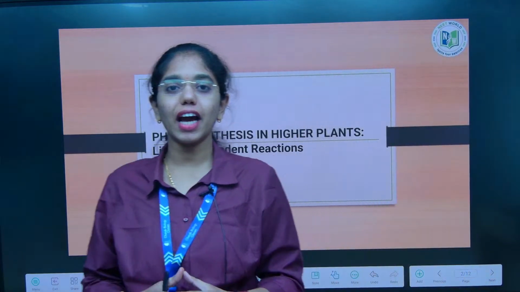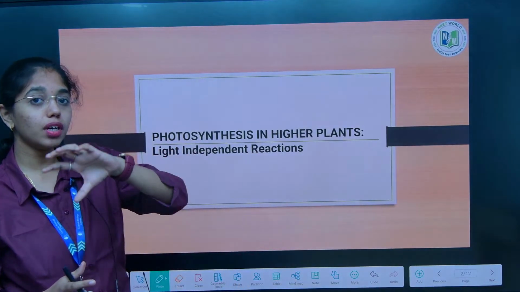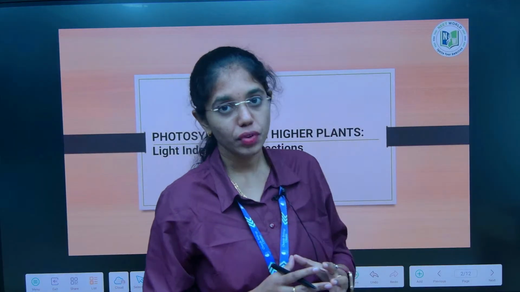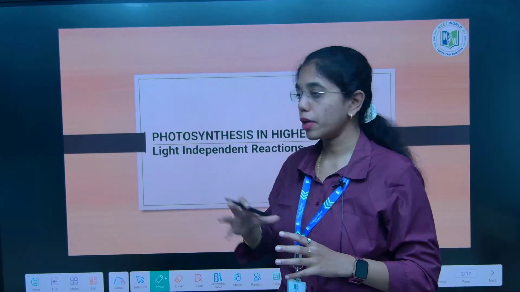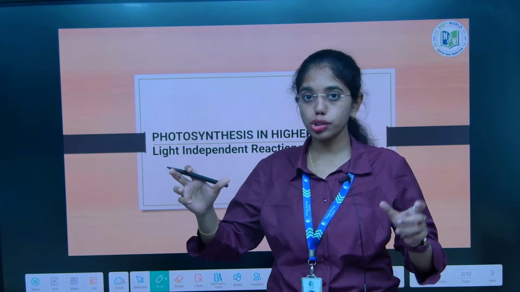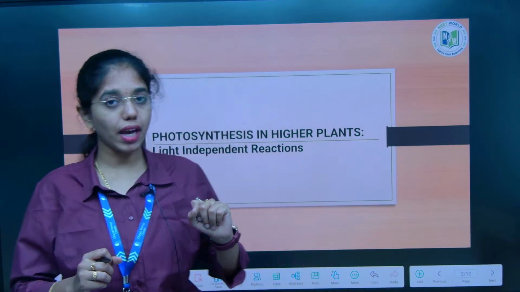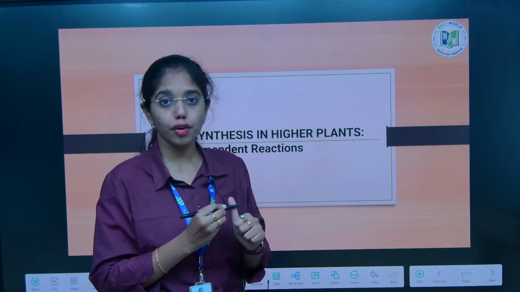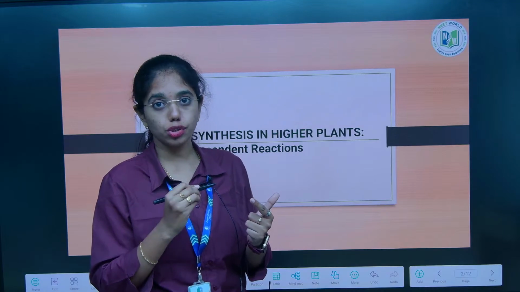So, yesterday we finished the first session on photosynthesis in higher plants, connecting to the 10th biology first chapter, that is nutrition, where we learned the complete framework of this chapter, highlighting both light reactions and dark reactions. 3 steps of light reactions we have done in detail. The very first step, absorption of light in the form of photons. Second is photolysis of water.